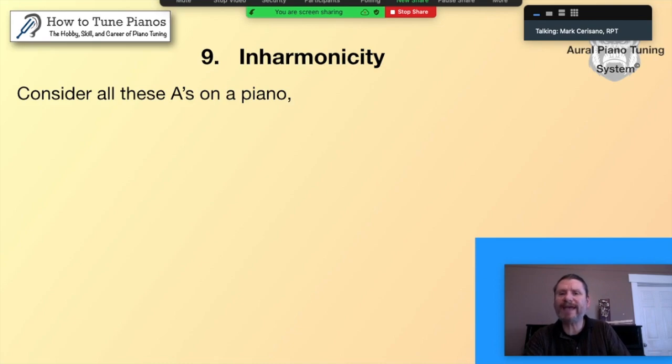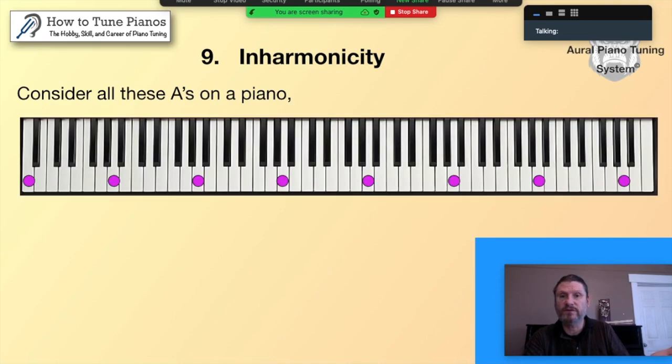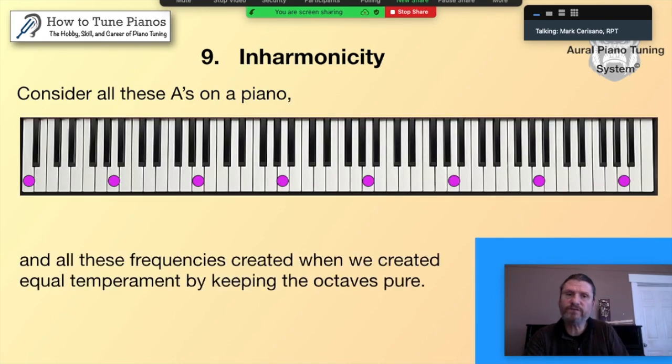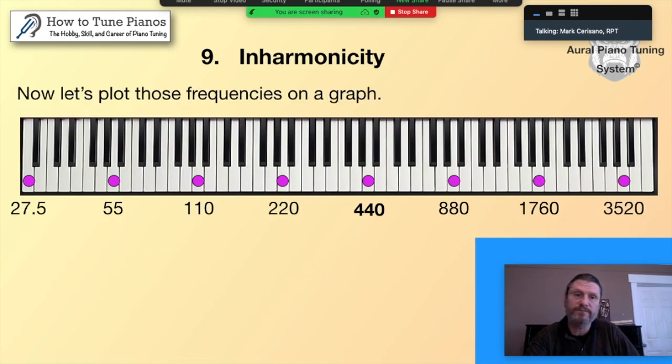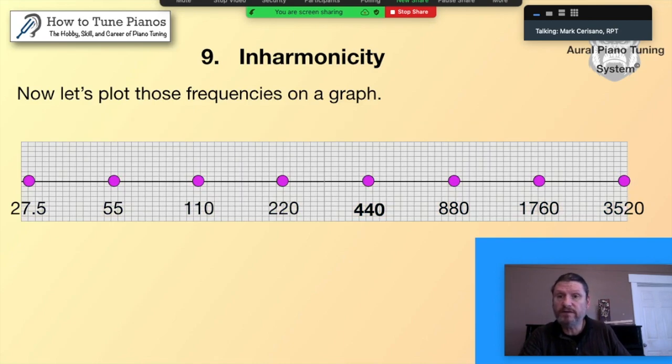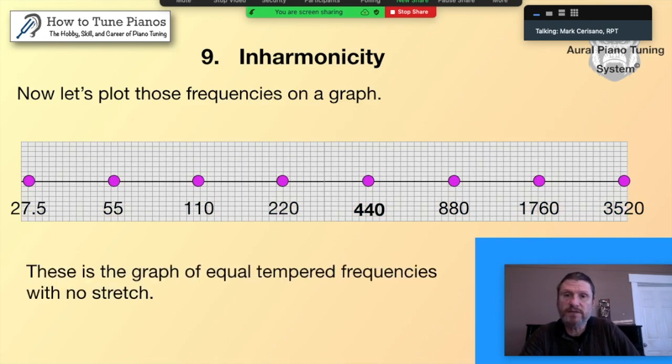Consider all these A's on a piano, and all these frequencies created when we created equal temperament by keeping the octaves pure. Remember that? These were the frequencies that we ended up with, 3520 on top. Now let's plot these frequencies on a graph. It's pretty simple.